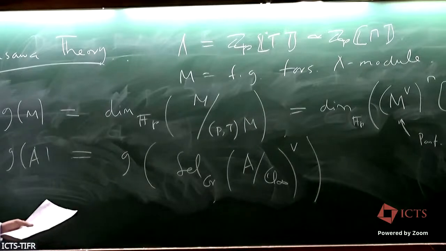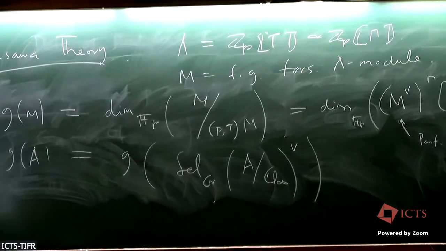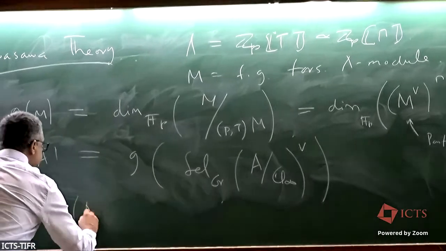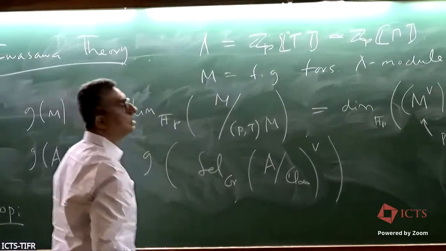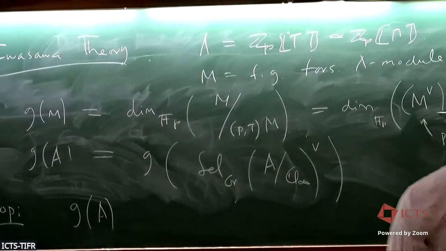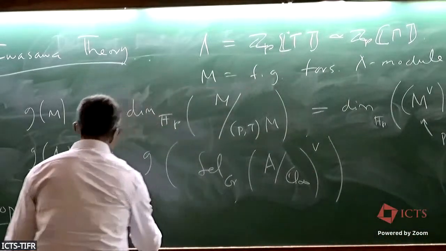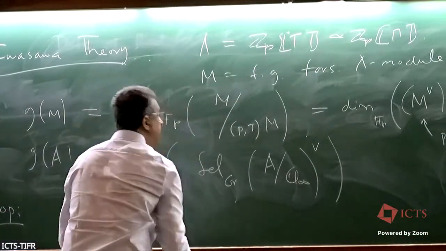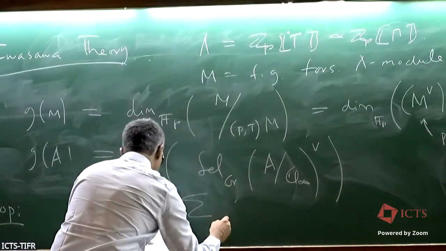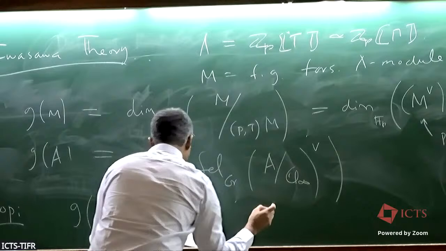So here is a first proposition in the paper. By looking at various exact sequences and splicing, separating two exact sequences apart, etc., one can prove that g of A, this number, is greater than or equal to the following sum of deltas.